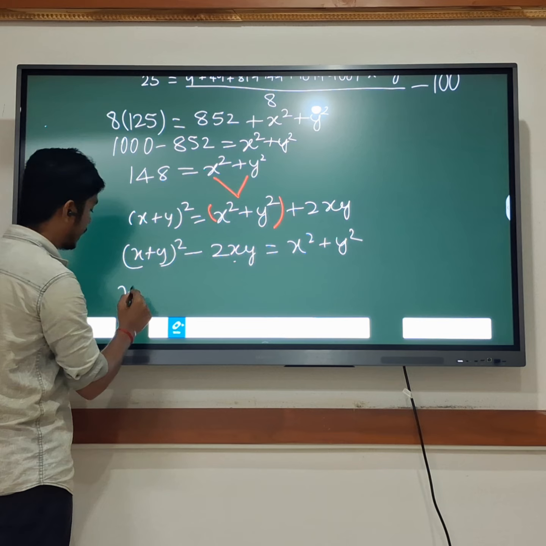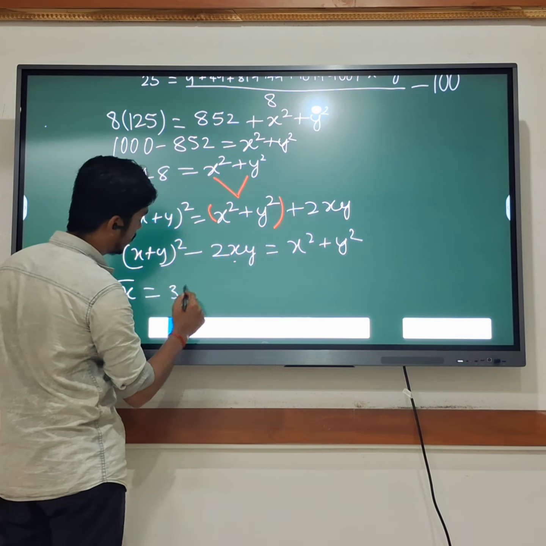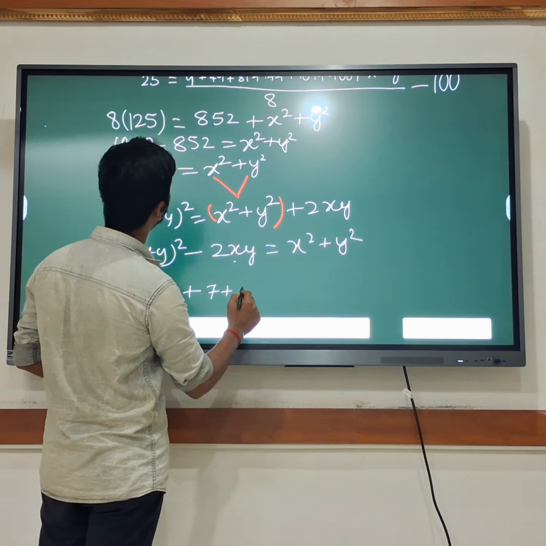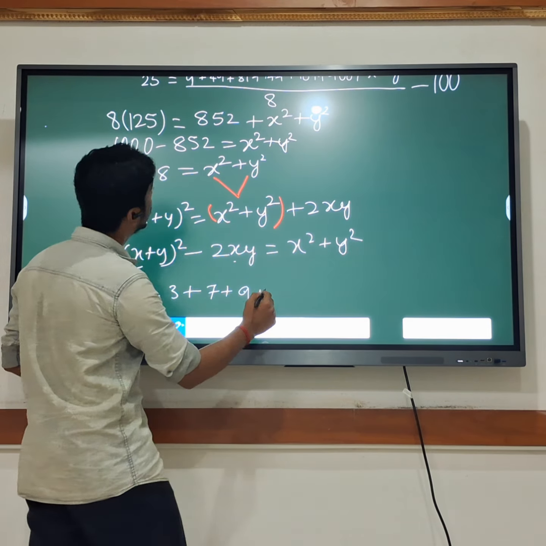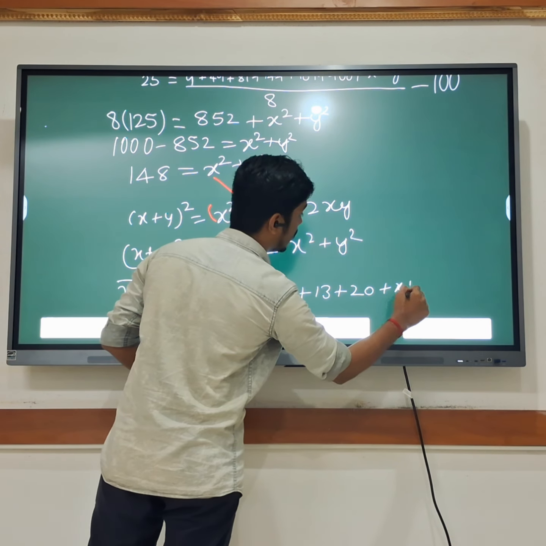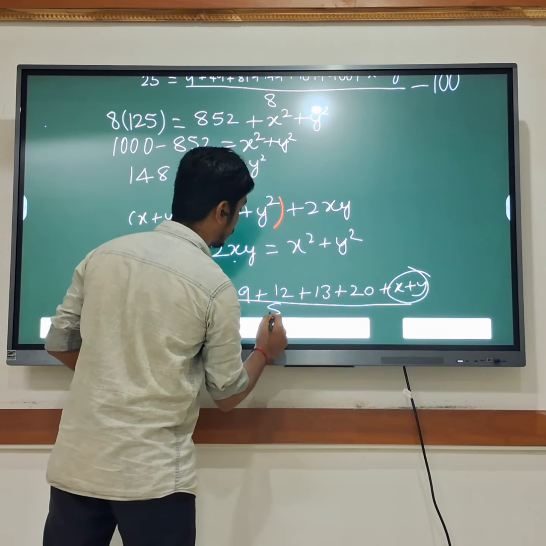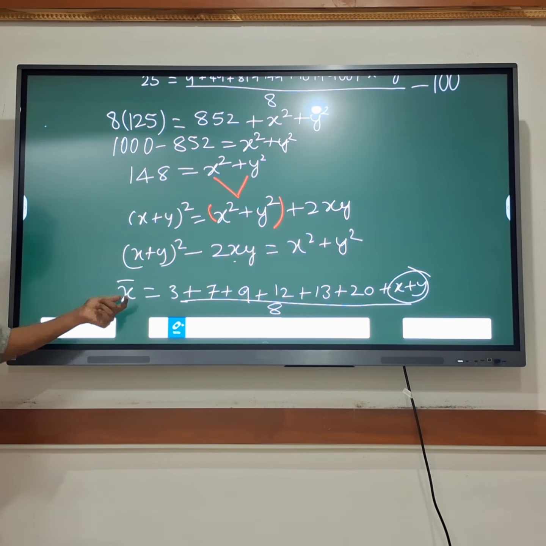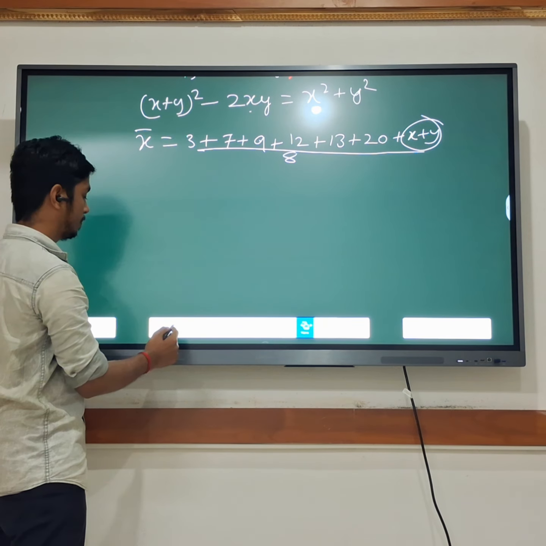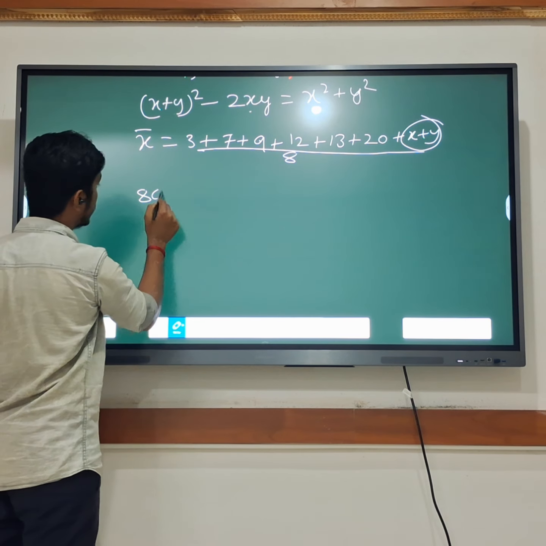Now we will see x bar is equal to 3 plus 7 plus 9 plus 12 plus 13 plus 20 plus x plus y, and you will get this x plus y divided by what? The number of observations, 8. So x bar we know is 10. X bar is 10. 10 into 8 is 80.